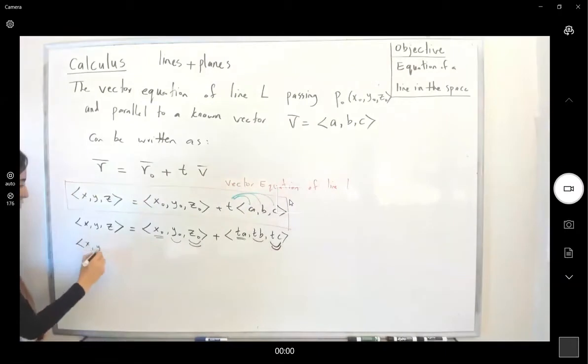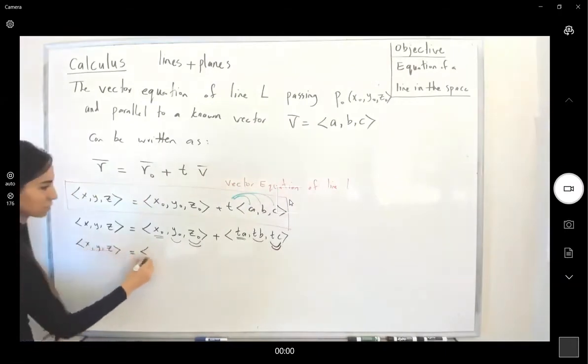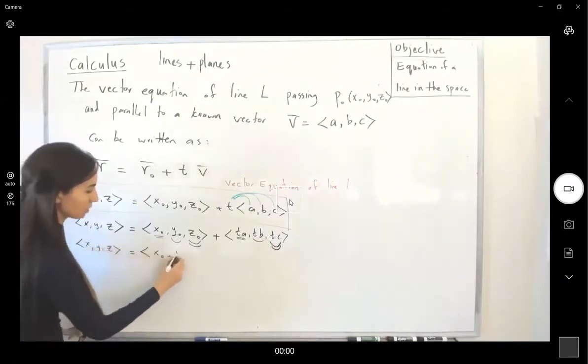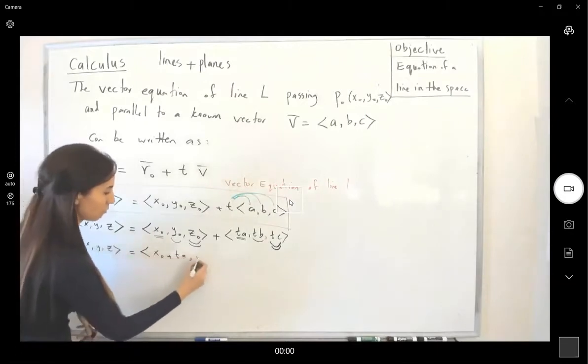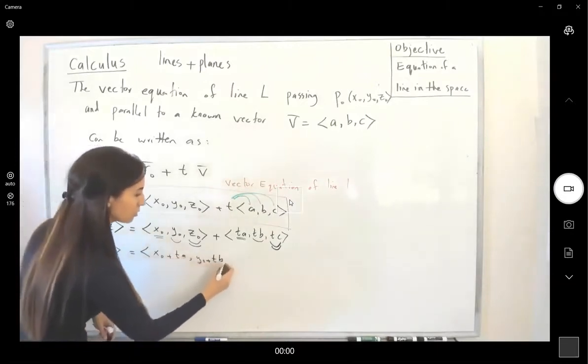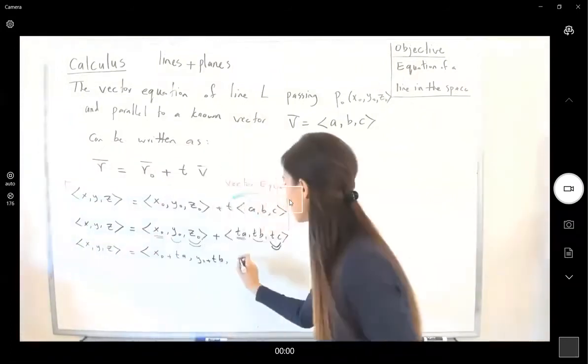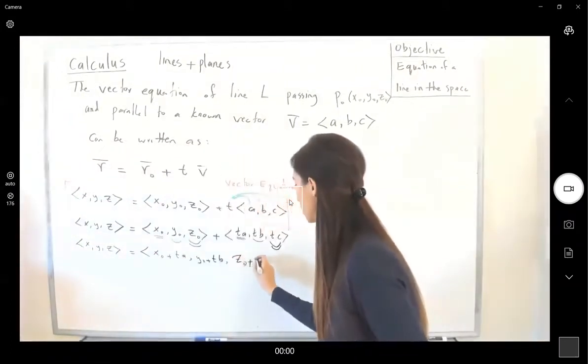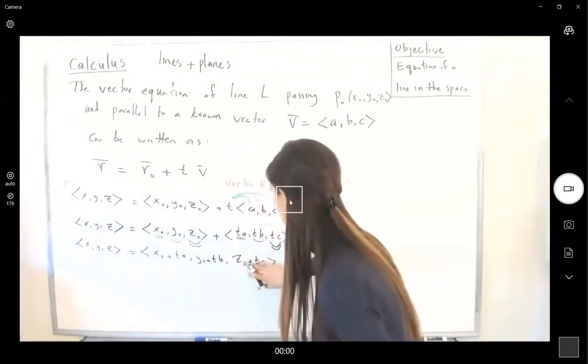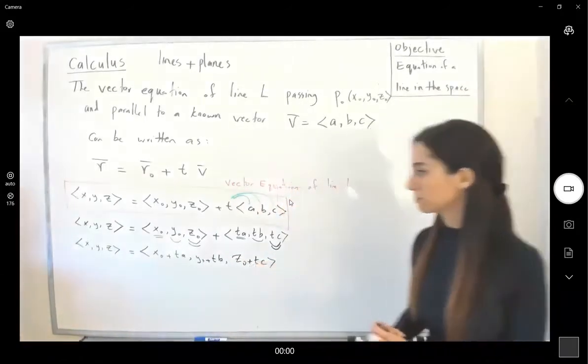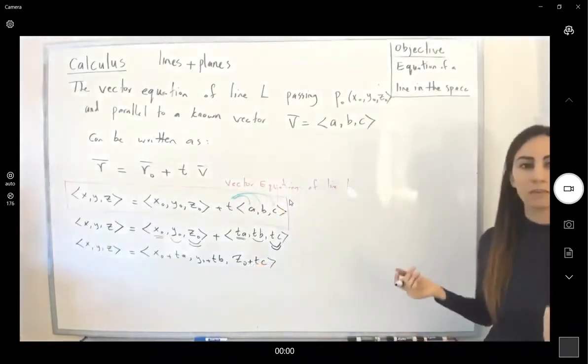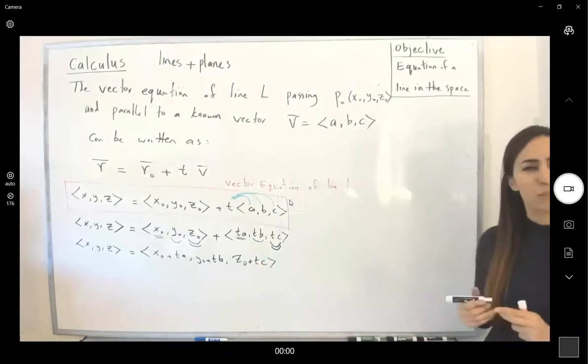So X, Y, Z can be written as X sub 0 plus T times A, Y sub 0 plus T times B, and Z sub 0 plus T times C. Okay, perfect. So what's the meaning of that? We have two vectors that are equal to each other.